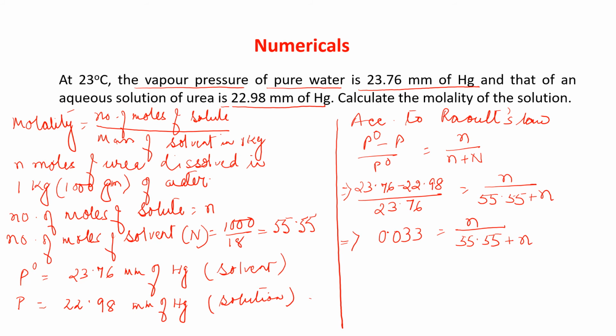If you calculate this, we will get 0.033 is equal to n by 55.55 plus small n. If you calculate this, you will get n is equal to 1.896.